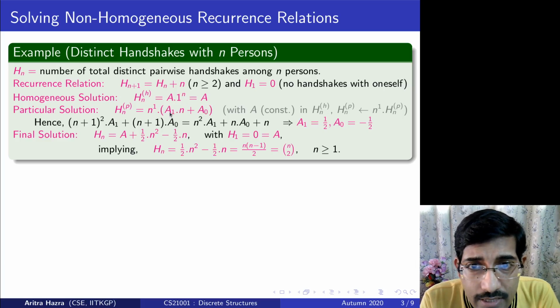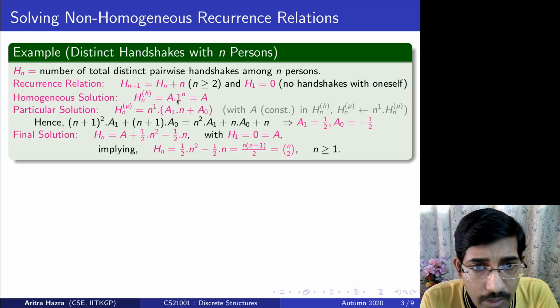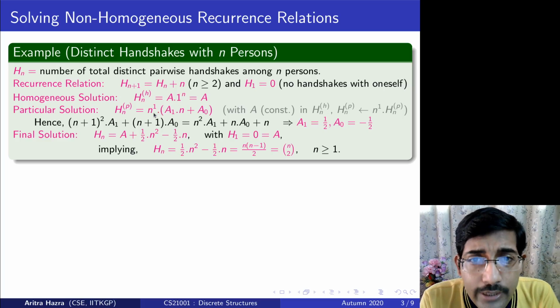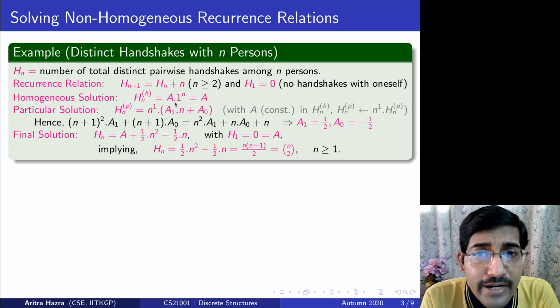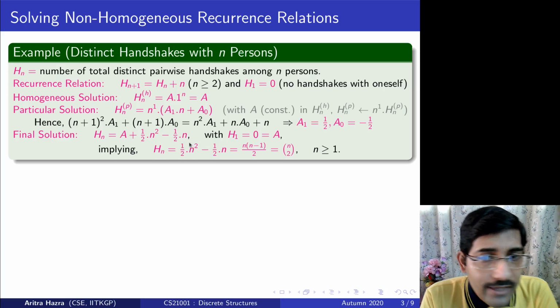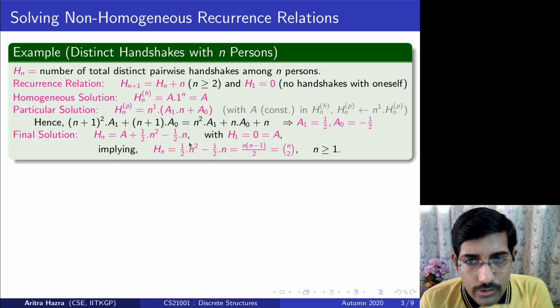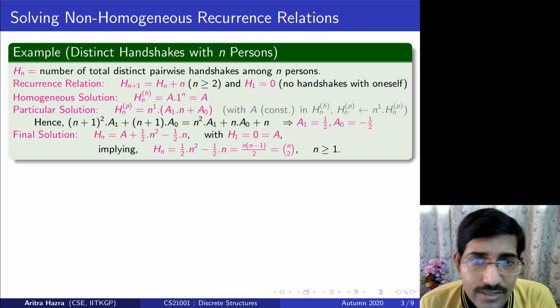If I see that this particular function has a common association with the homogeneous counterpart of the solution, then I will multiply with n to the power s, the minimum s value such that n to the power s into this is linearly independent of this. And then only I can add them up to form the final solution. So to make it linearly independent, you need to do this jugglery.